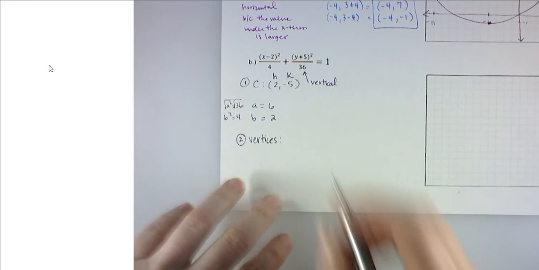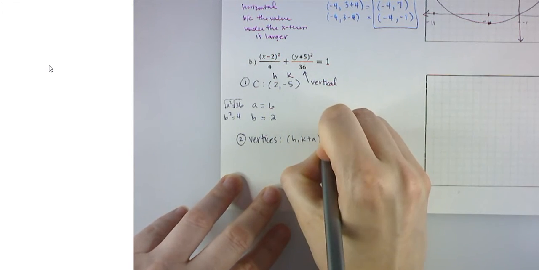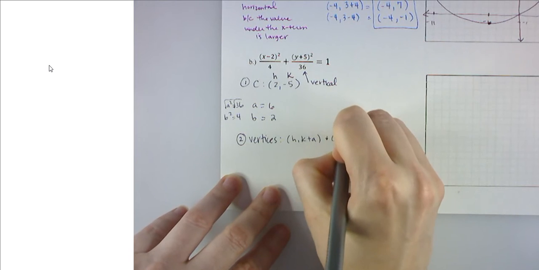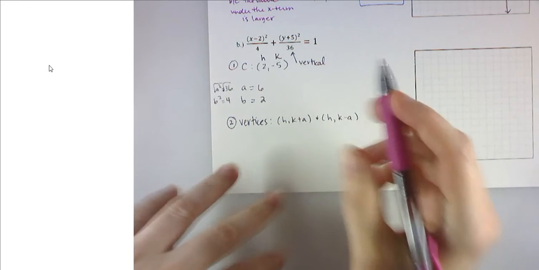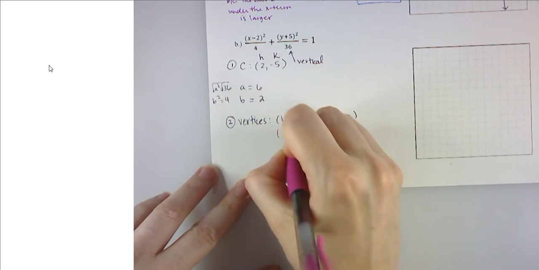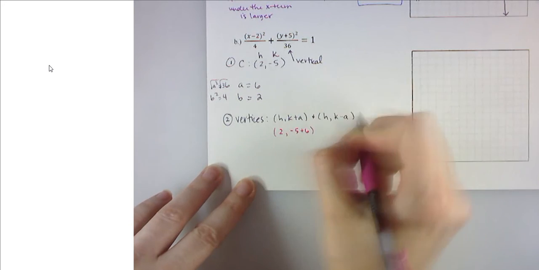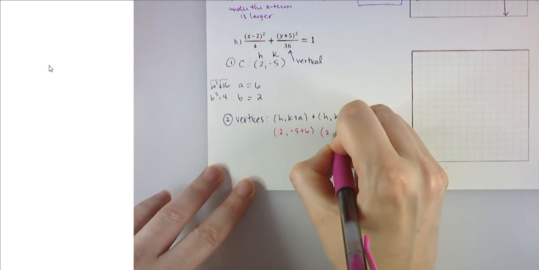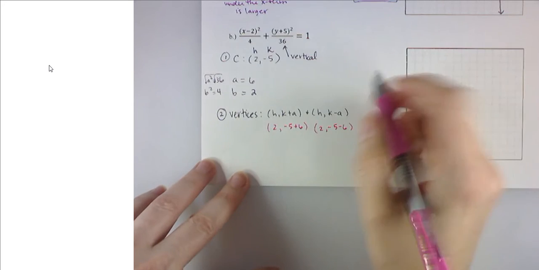Okay, so then our h value is 2, and then k is negative 5 plus 6, 2, negative 5 minus 6. So our vertices are (2, 1) and (2, -11).